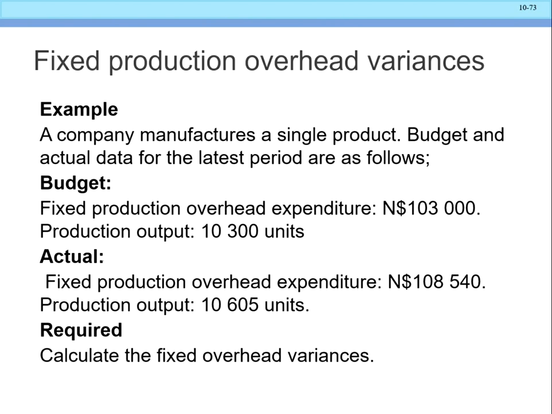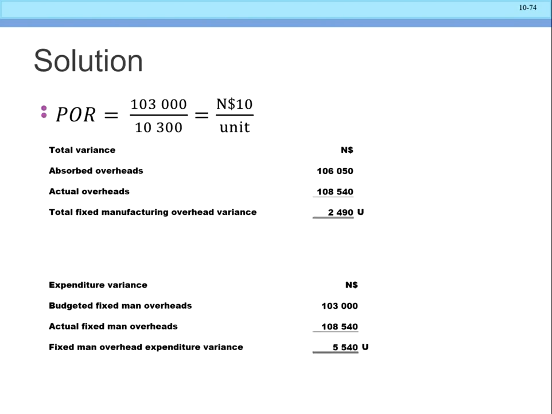So first we calculate our POR, budgeted overheads over budgeted activity, and we get $10 per unit. So the over or under absorbed overheads in this case is 2,490.